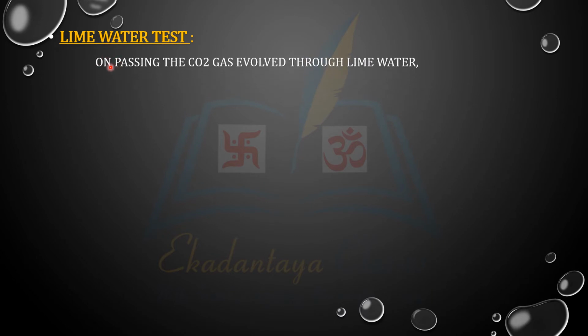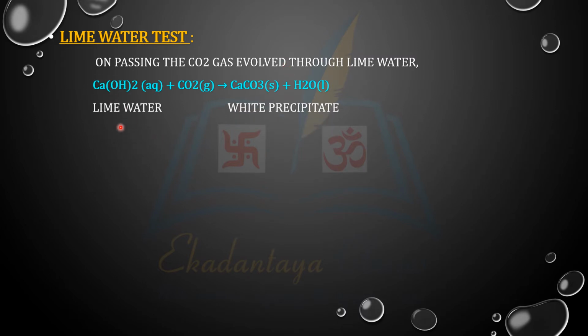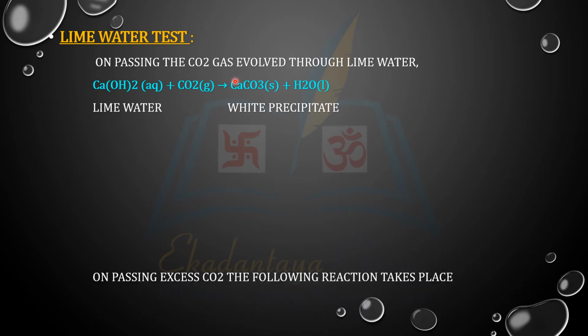Lime water test. On passing CO2 through lime water, Ca(OH)2 aqueous plus CO2 gives CaCO3 plus H2O. This is lime water, and this is a white precipitate.